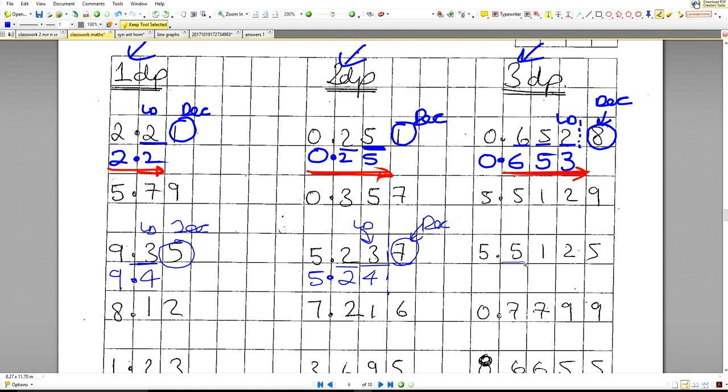So we have here 1, 2, third decimal place. So we have to stop here. That becomes our last digit, and that becomes our decider. So the decider is 5. That's lovely. If it's 5 or more, you add 1 to the last digit. 2 add 1 is 3. So that's 5.513.